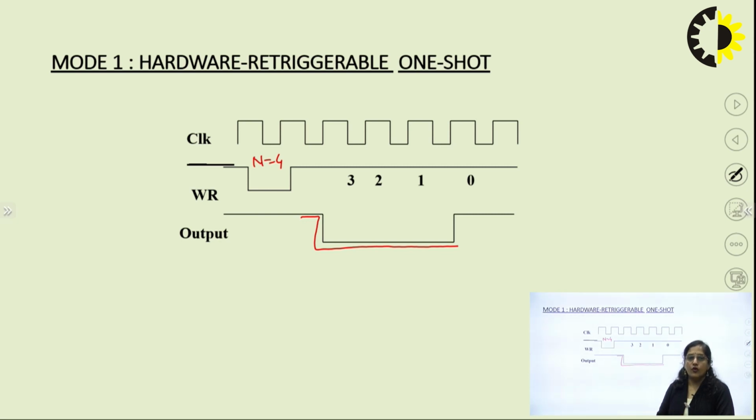For 4, it remains low for 3 clock cycles, and on the 4th cycle it goes high, indicating that we have one trigger or one shot. This signal can be used as an interrupt for a processor, or to activate any other device.